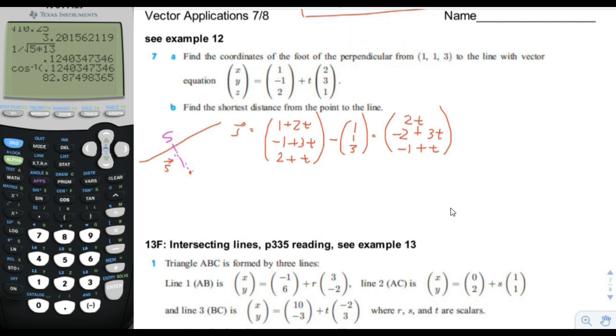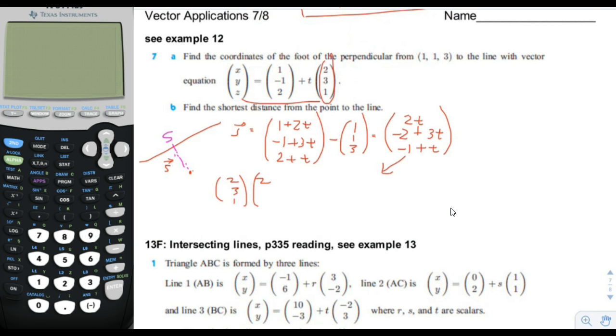And so we're going to see when vector s is perpendicular to this line. But to do the scalar product, we don't need the position vector. All we need is the direction vector. So we're going to take the scalar product of the direction vector times this.